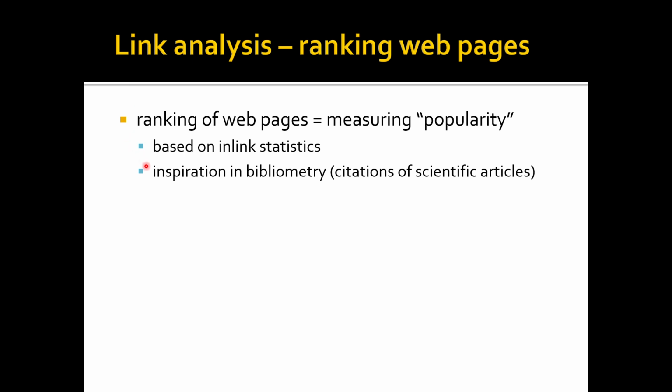Basically, there exists a science branch that is called bibliometry or scientometry, and it's very similar to what we are going to compute, because if we have scientific publications like books and journal articles and computing of the so-called impact factor of journals, then we are using something very similar to what PageRank is computing for web pages.